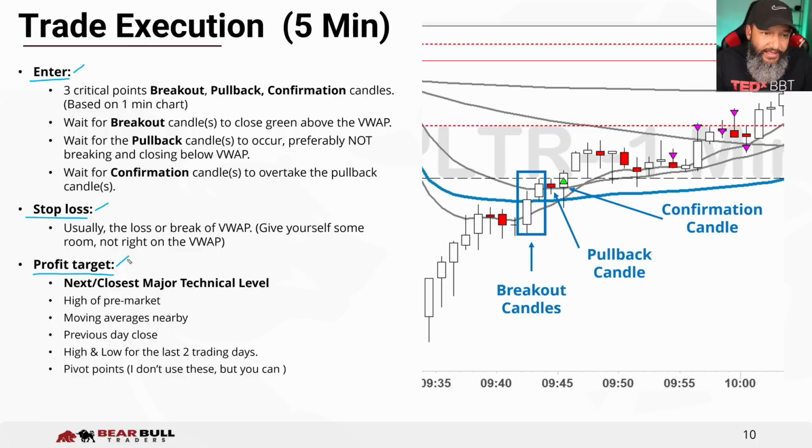If you do not have a plan before you enter the trade, you are most likely going to fail. You're not going to stop out where you're supposed to, and you're not going to take profit where you're supposed to. Once you're in the trade, the emotions are already turned on, and we do not make the best decisions when our emotions are high, in our personal lives and in trading.